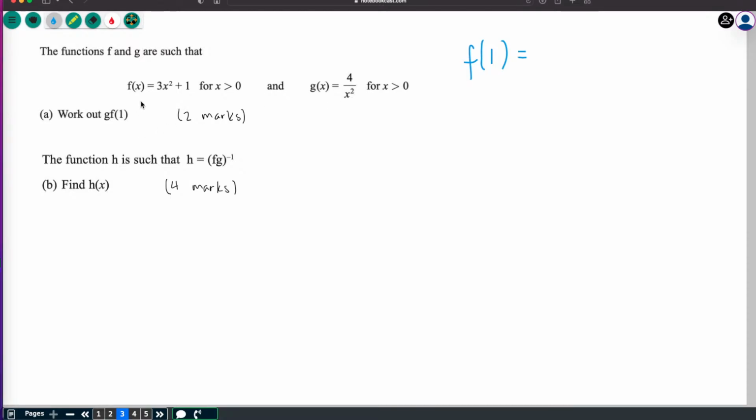How do we work out f of 1? We plug in 1 for x. x is the input, so this is going to be 3 times 1 squared plus 1. So notice there, I've changed the x to a 1, as that is our input. Okay, that's 4. So f of 1 is 4.